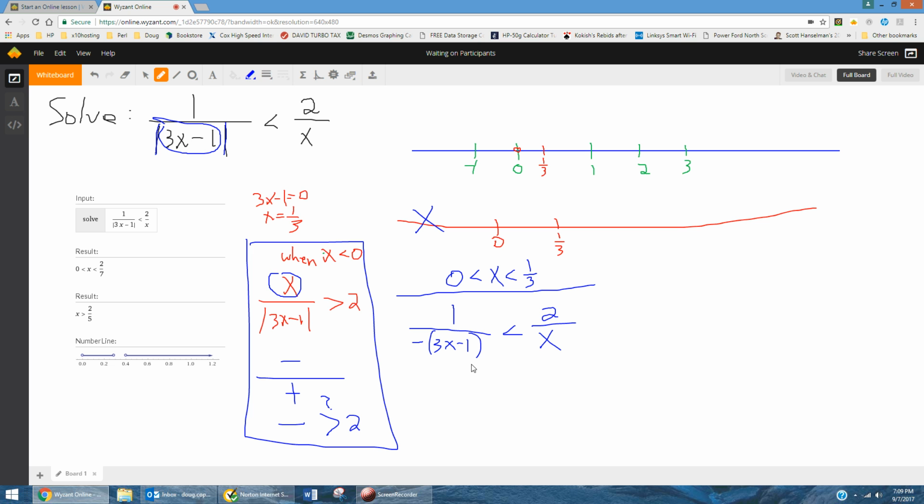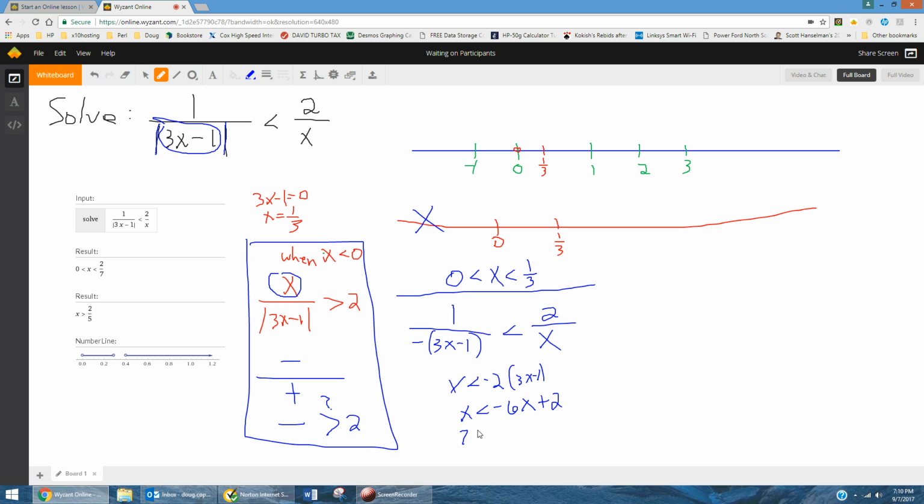And now, let's solve this inequality by cross-multiplying. Both of these expressions and the denominator are positive numbers when x is between 0 and 1/3. So I can just cross-multiply and say x is less than 2 times, well, I've got this minus sign from here, times 3x minus 1. So x is less than negative 6x plus 2.